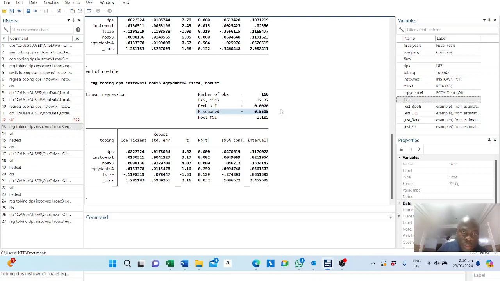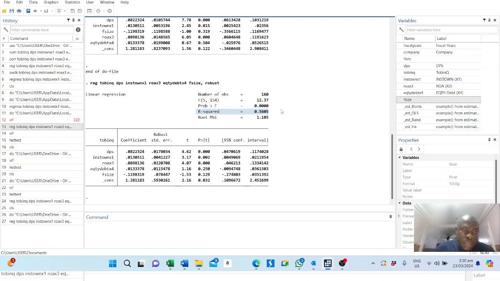And for the significant predictors, we have dividends per share being positive and highly significant. Institutional ownership is also positive and highly significant. The ROA is also a positive predictor, and it is highly significant.